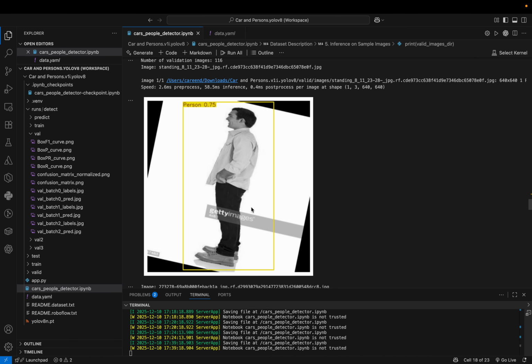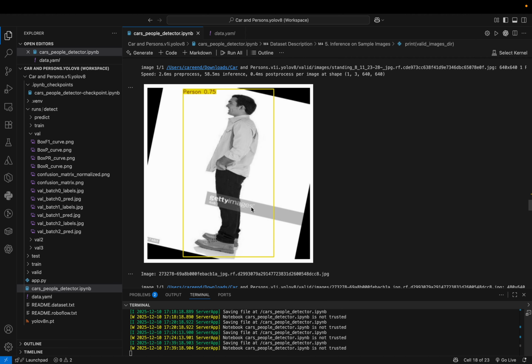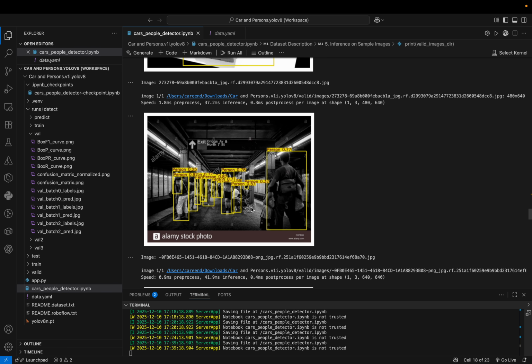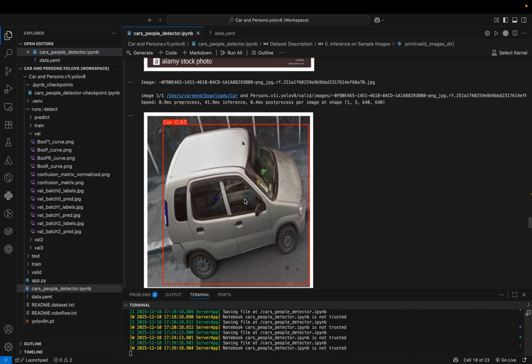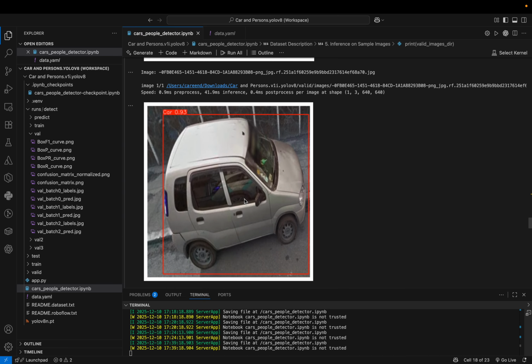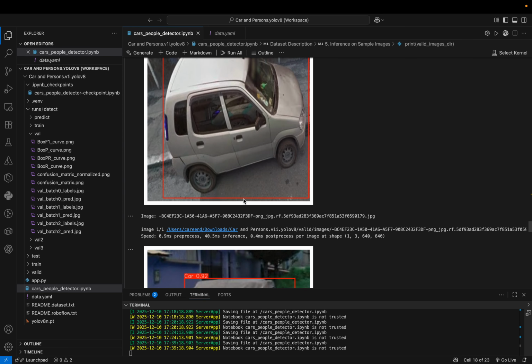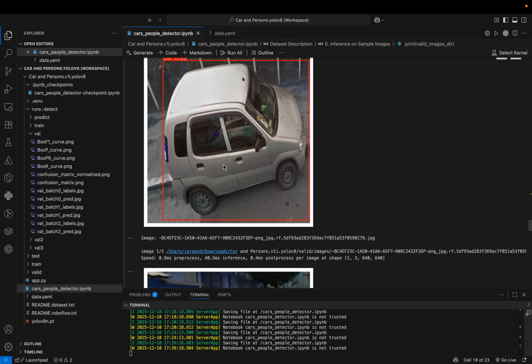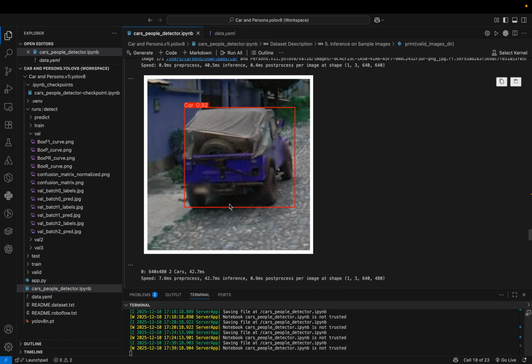For instance, here we have 75% prediction for person, and in this crowded one we have 0.25. We have all sorts of precision, but this one is almost 93% because it's only one car, and the shape of the car is something the model recognizes very well.